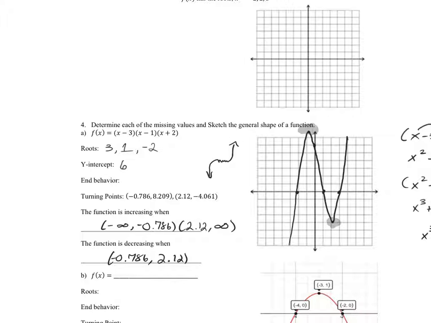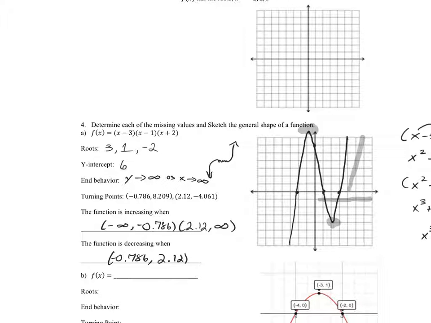So next thing we're going to look at is end behavior. Looking at the graph, when x is approaching positive infinity, y is also approaching positive infinity. So we would write, as x approaches positive infinity, y also approaches positive infinity.